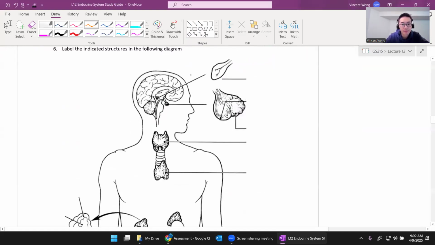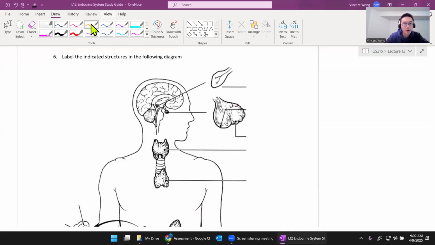All right. Now, I don't know what these people are thinking. Maybe they weren't. But there is the hypothalamus. They did not label the hypothalamus. There it is, hypothalamus. Okay.